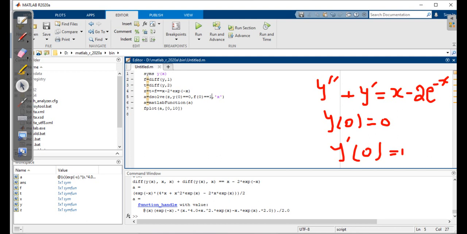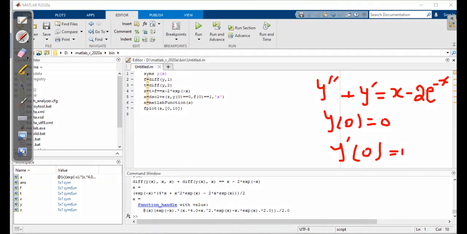So first of all, again, we have to initialize the symbolic function y with respect to x, dy by dx. Then we have to take the derivative of y with respect to x and the second derivative of y with respect to x.